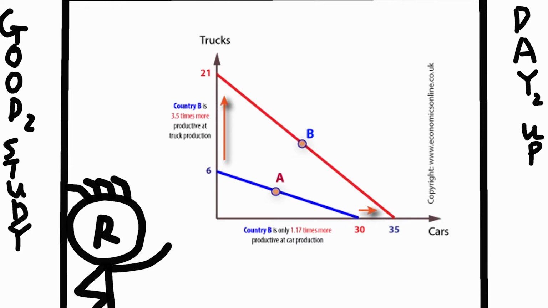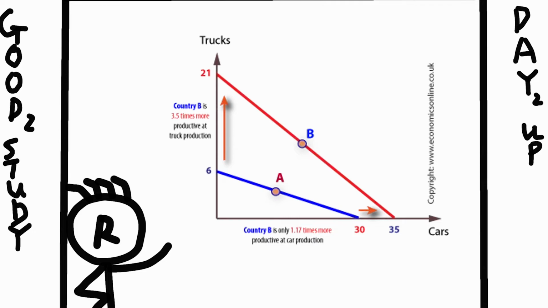But the opportunity cost for country B to produce cars is 0.6 trucks. The way that you calculate opportunity cost is to take the number of trucks that you can produce and divide by the number of cars that you can produce. So 6 divided by 30 is 0.2 and 21 divided by 35 is 0.6. Therefore, country A has the comparative advantage of producing cars over country B.